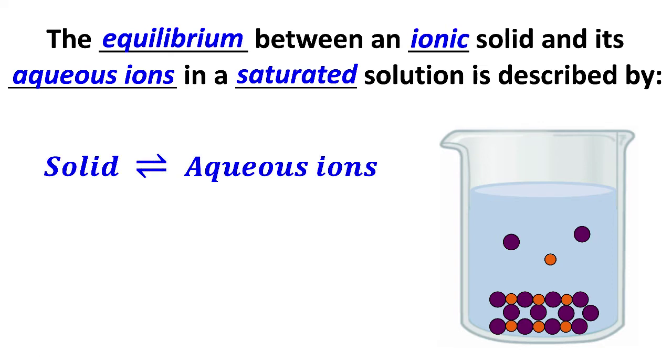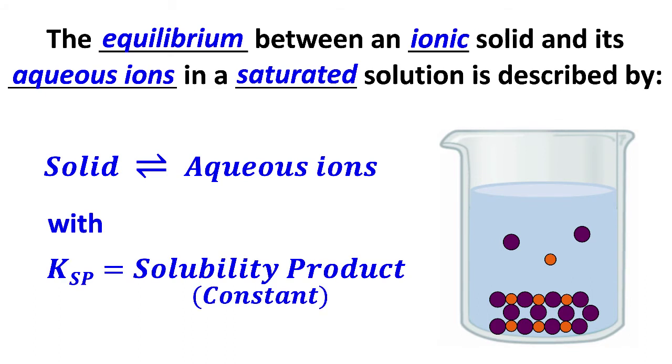And our convention is we write the solid ionic compound on the left and then the aqueous ions into which it dissociates on the right. And then the equilibrium constant for this is called a solubility product constant. We symbolize it by K sub SP, SP for solubility product. And this is an equilibrium constant that can be determined experimentally and can be looked up in tables.